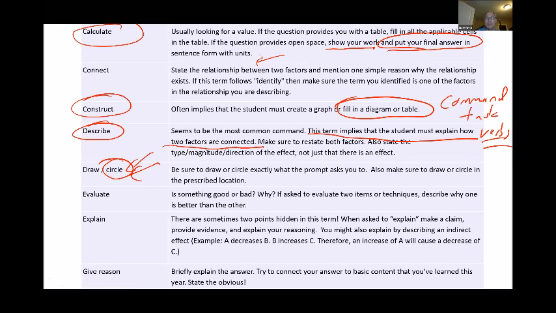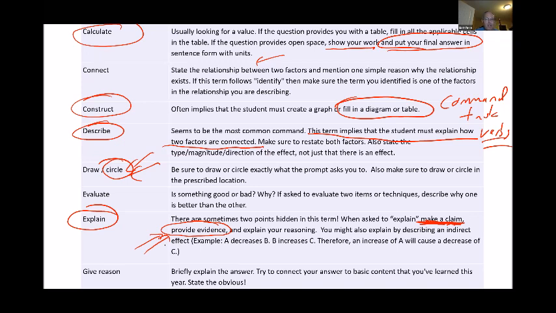If they ask you to explain, you're going to make some kind of claim. So you're going to say, increased oxygen concentration increases the rate of cellular respiration. That's your claim. Then you're going to provide evidence. When you're providing evidence, use the data that they give you.